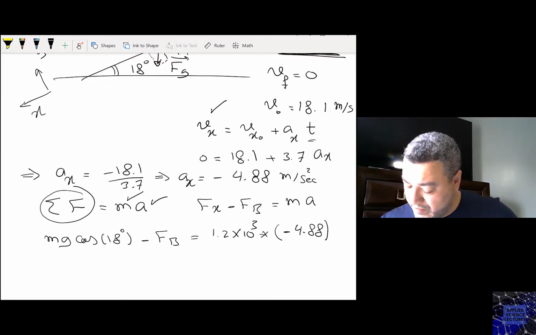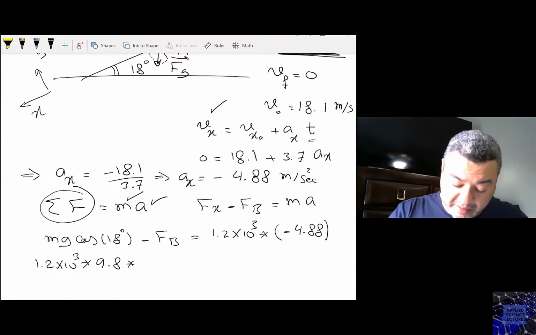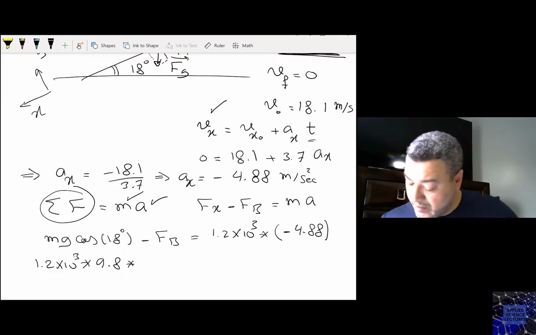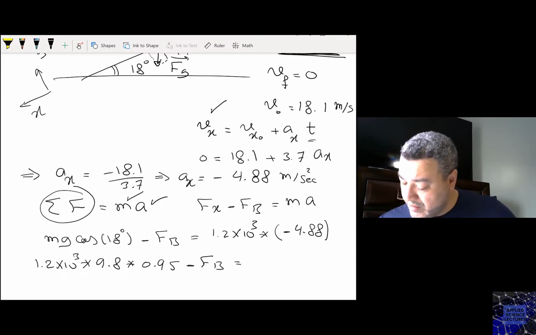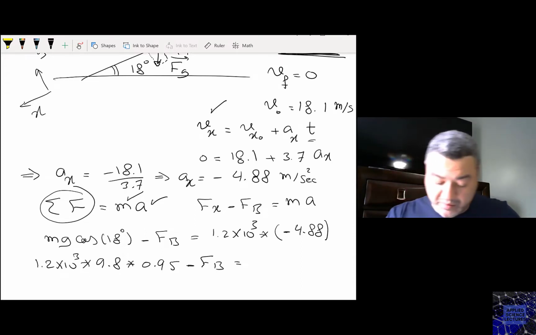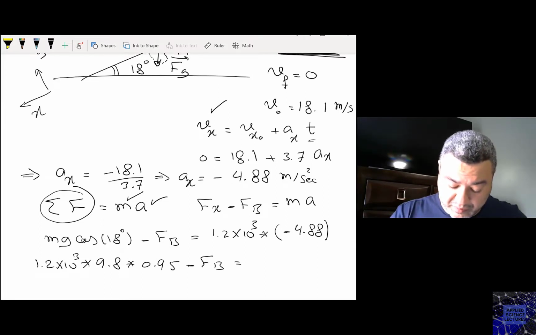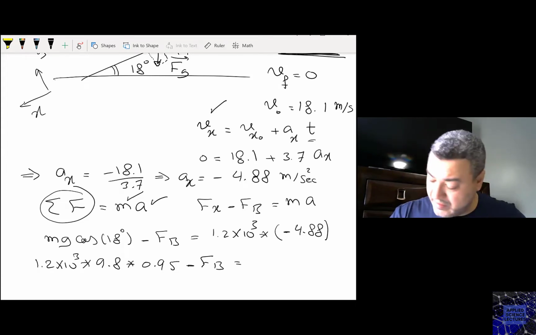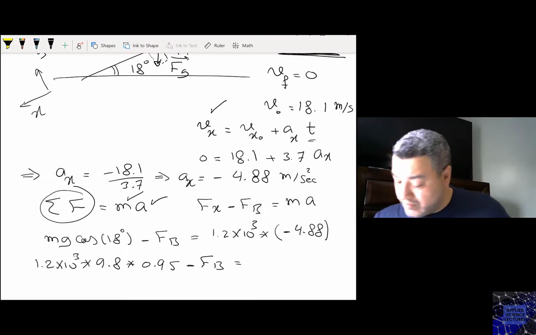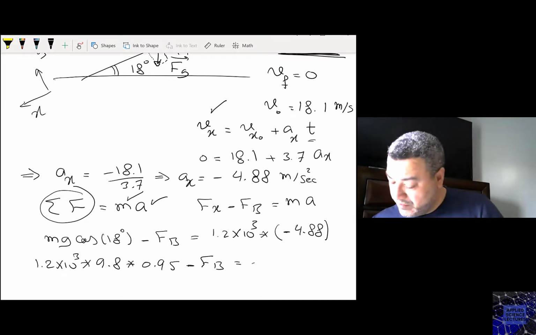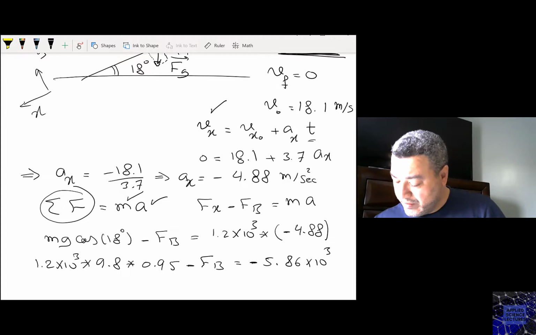Substituting, 1.2 × 10^3 times 9.8 times cosine 18, that is 11.2 × 10^3 minus Fb equals 1.2 × 10^3 times negative 4.88, which equals minus 5.86 × 10^3.